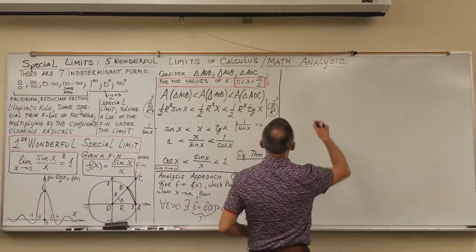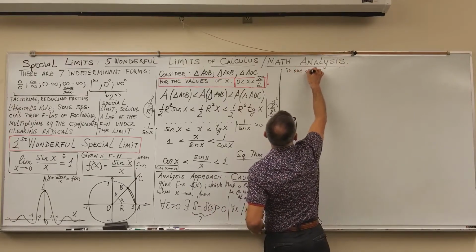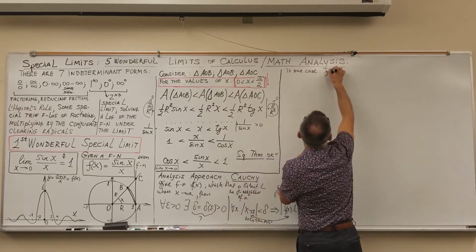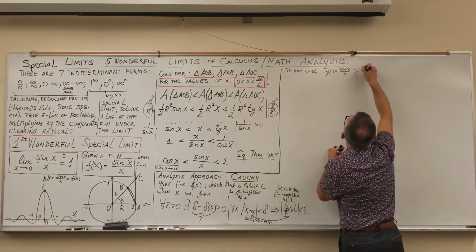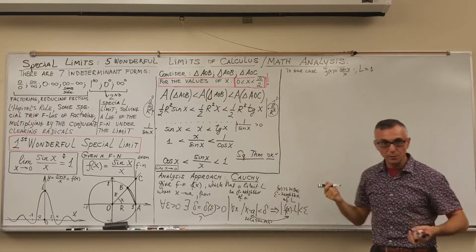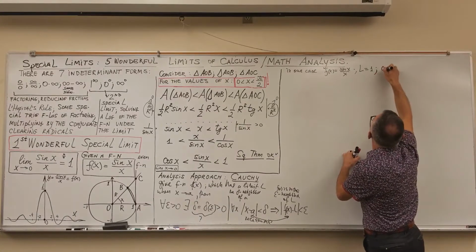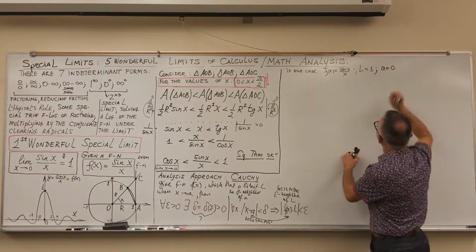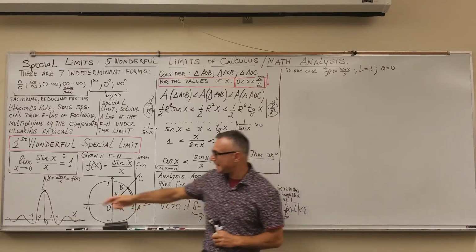So in our case, f of x is equal to sine x over x. L is equal to 1. We're trying to prove that it's equal to 1. A is equal to 0. That's the constant where my x is tending to.